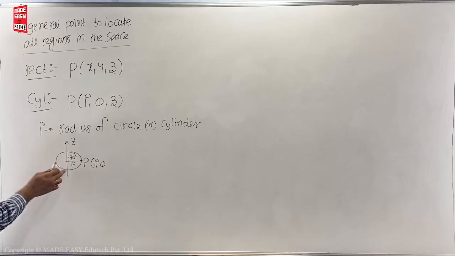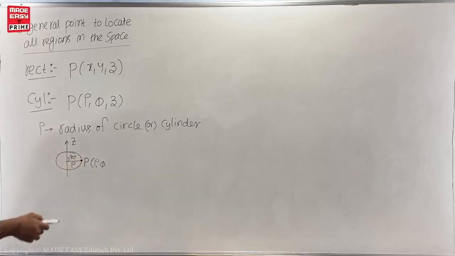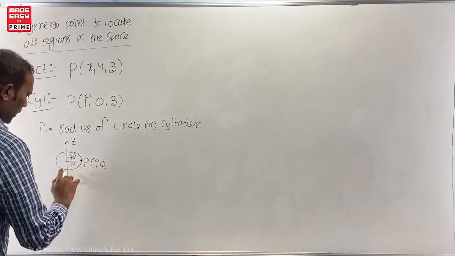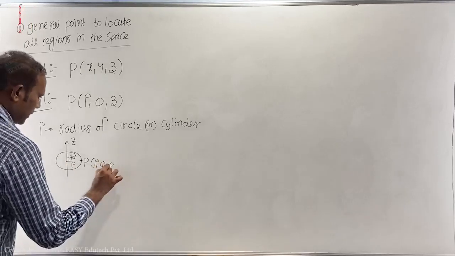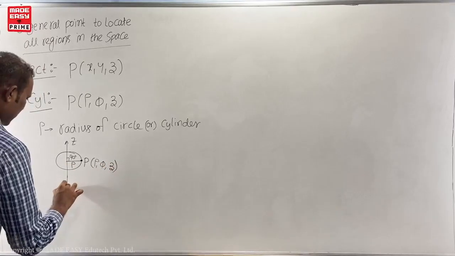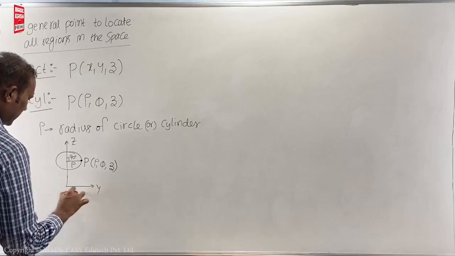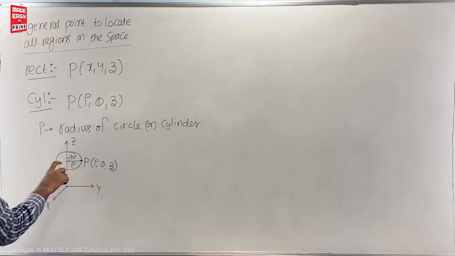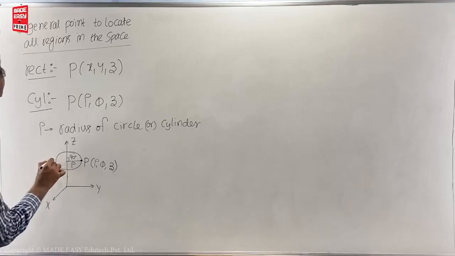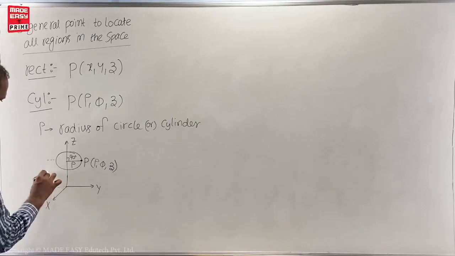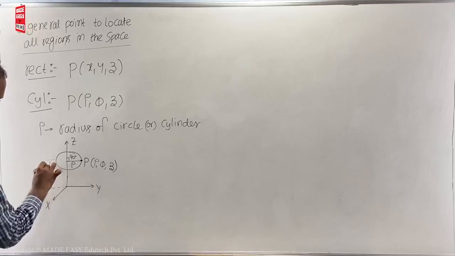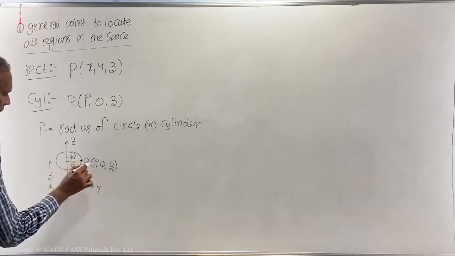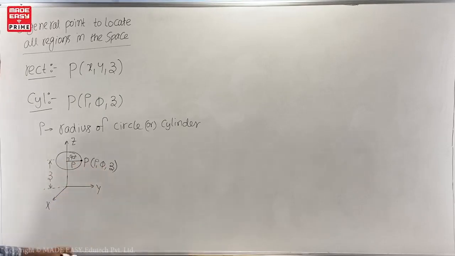For this point on the x axis the angle is 0, for this point on the y axis the angle is 90, and it keeps changing. Now height is z. I have drawn this circle at z height. So this is the point P(rho, phi, z).